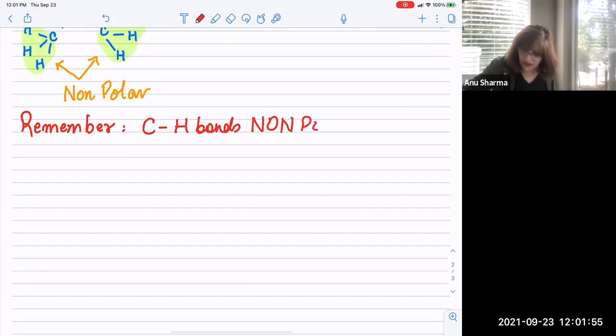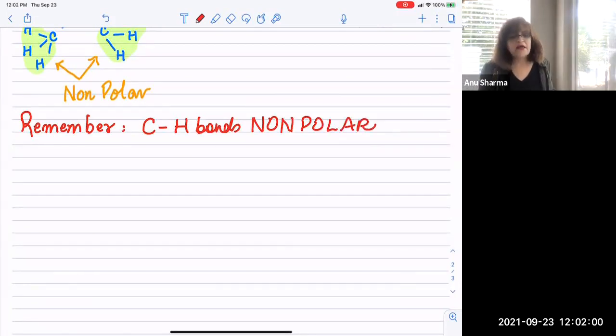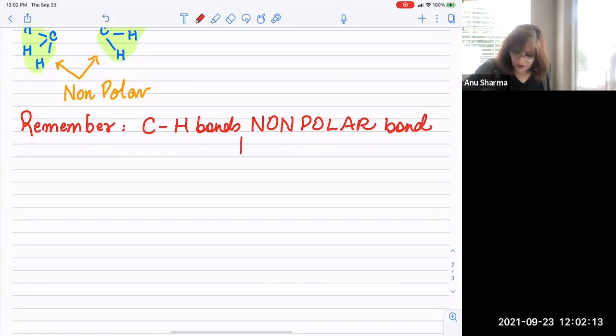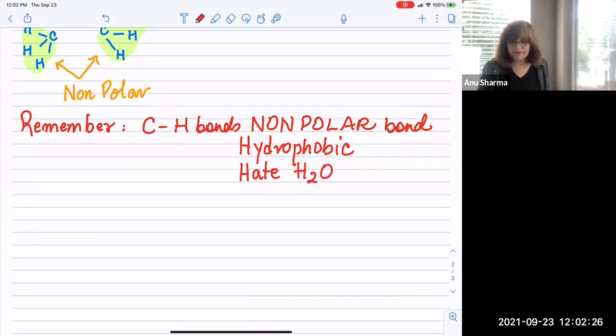Although carbon is more electronegative than hydrogen, so technically, mathematically, it should be a polar bond, the difference in electronegativity is only 0.4. So by default, we just consider it to be a non-polar bond. Non-polar bonds are also hydrophobic. Now, what does hydrophobic mean? Hydrophobic means hate water or are afraid of water.